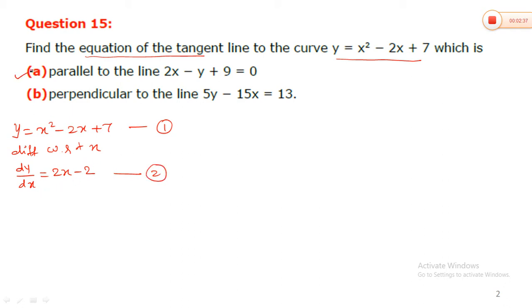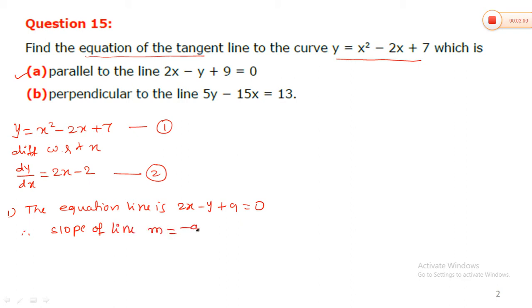So here for the first part, the equation of the line is 2x minus y plus 9 equal to 0. Therefore, slope of the line m equal to minus a upon b, that is minus of 2 upon minus 1, this equals plus 2.